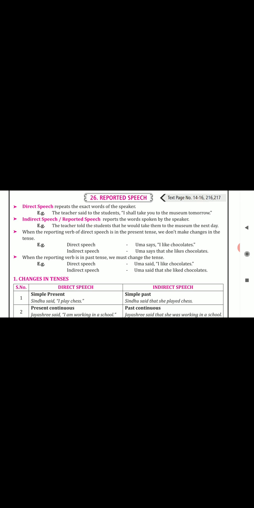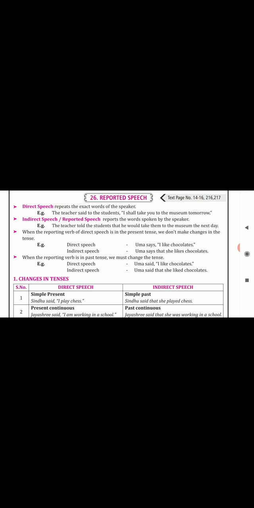First, we need not change the speaker of the sentence. The first change may happen in the reporting verb: said to becomes told. Then we need not change the listeners.